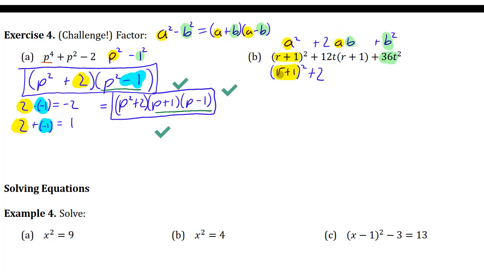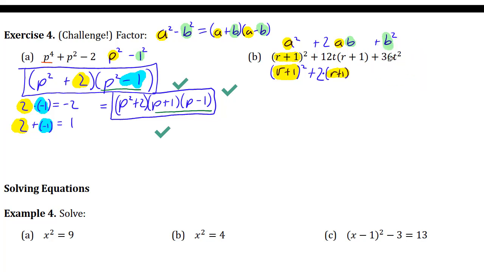So the a would be 6t. So 2 times 6t makes 12t. The b would be, oh, I got that backwards. Whoops. I already know the a is r plus 1. The b, well, let's see, what do you square to get 36t?